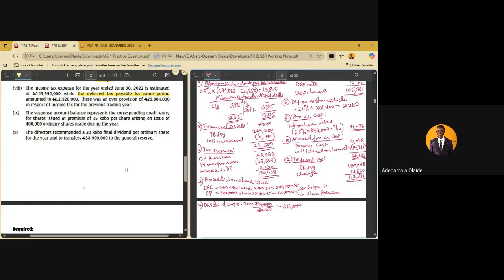Now, please, let's pay attention. Look at something. The examiner is trying to play with our intelligence. Look at the word he used: directors recommended a 20 kobo final dividend per ordinary share.